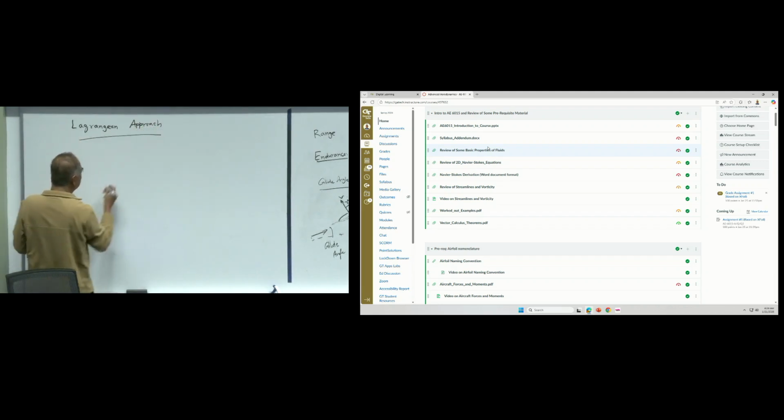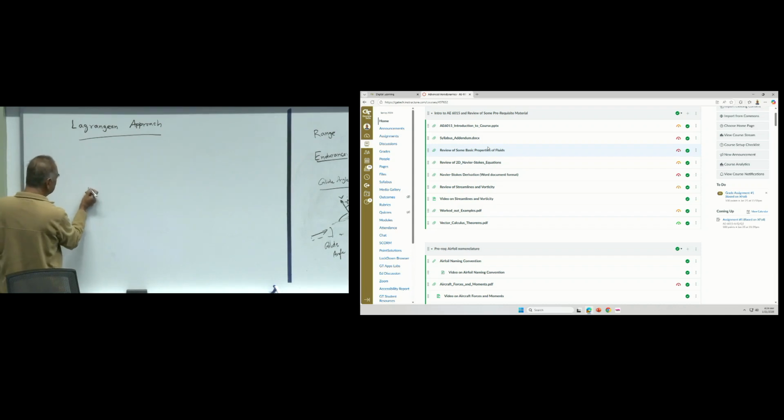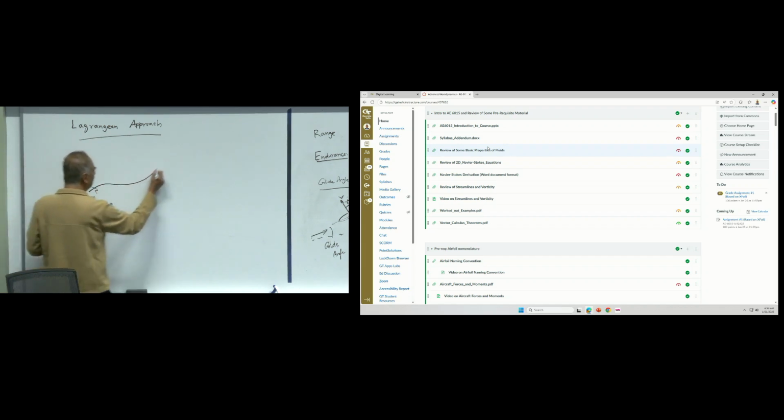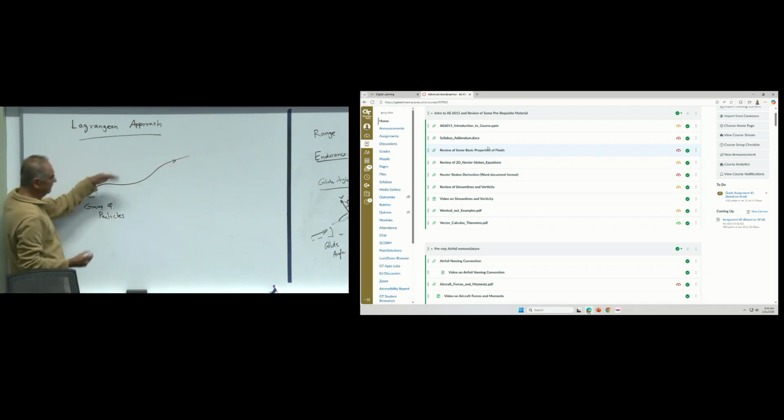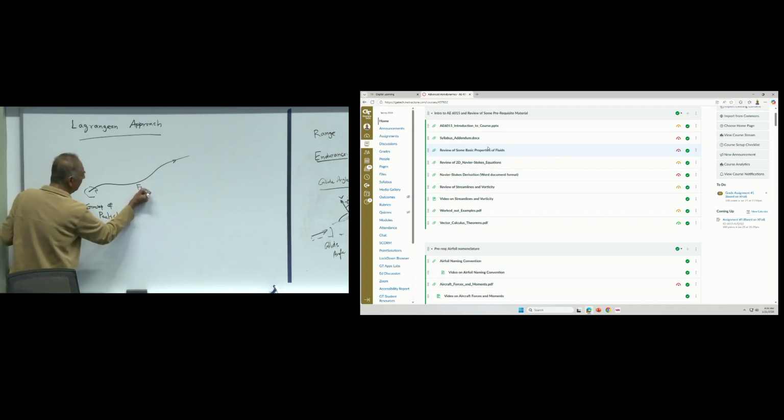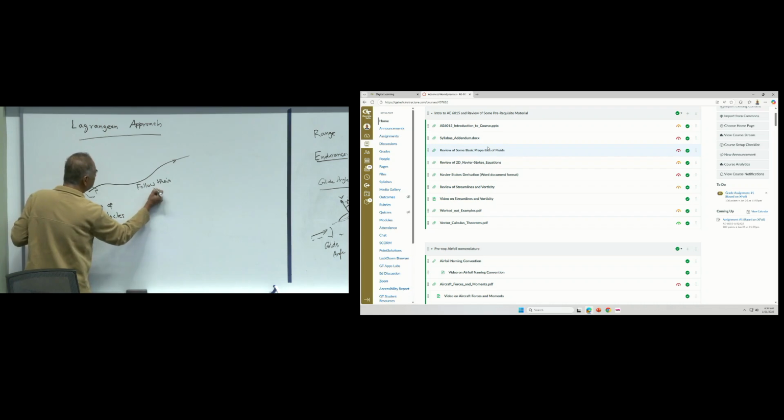In a Lagrangian approach, you start with a group of particles, then you follow their motion and change in properties.